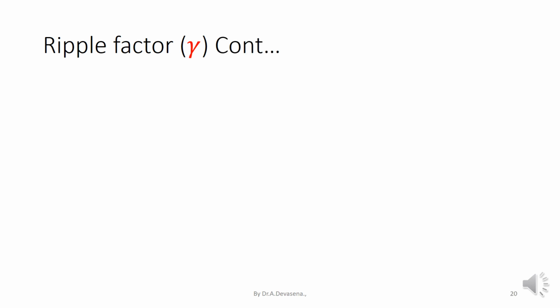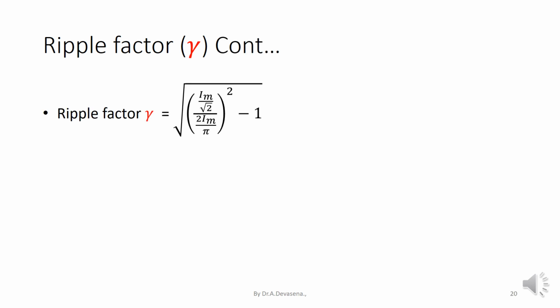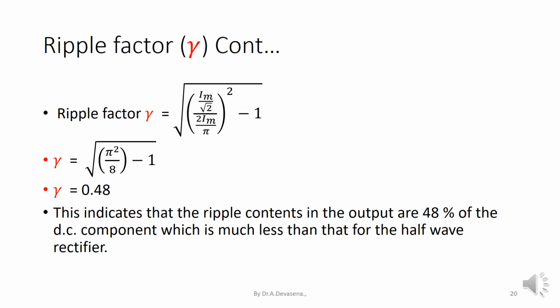Ripple factor gamma is equal to square root of Im by root 2 by 2Im by pi the whole square minus 1. If we further simplify this equation, we obtain gamma is equal to square root of pi square by 8 minus 1. That is, gamma is equal to 0.48. This indicates that the ripple contents in the output are 48% of the DC component, which is much less than that for the half wave rectifier.